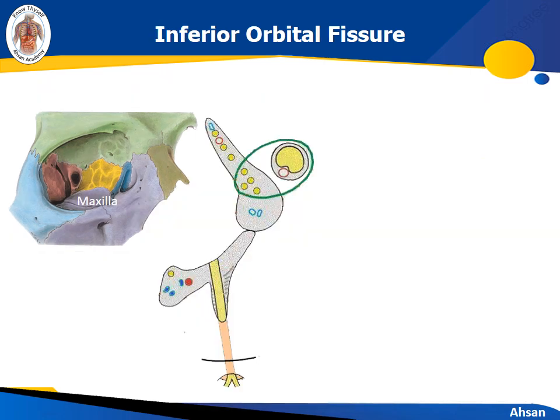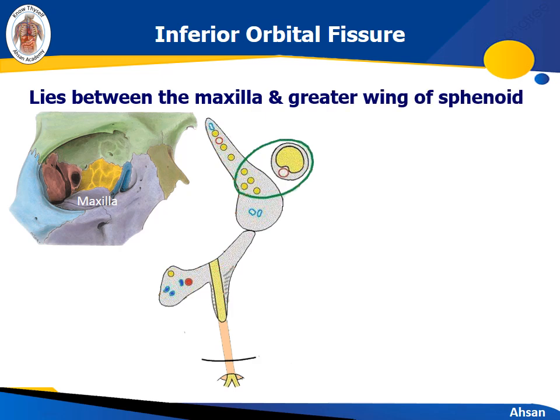This is the inferior orbital fissure drawn a bit in a complex way, showing previously discussed all the foramens, means optic canal, superior orbital fissure. So here you can see this inferior orbital fissure lies between the maxilla and the greater wing of the sphenoid. The total diagram is shown like this.